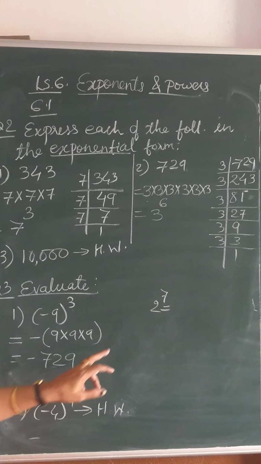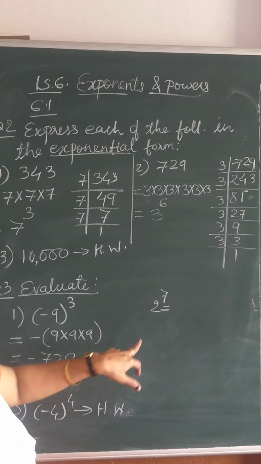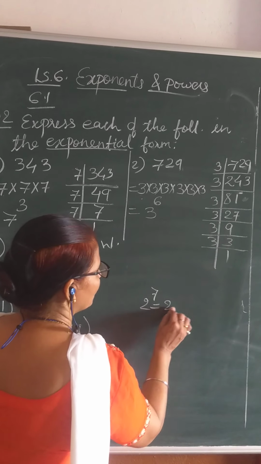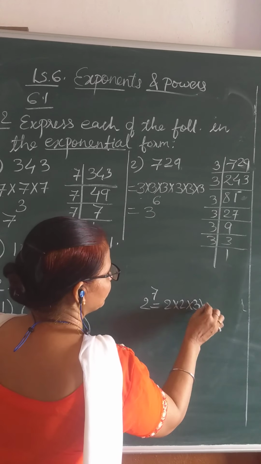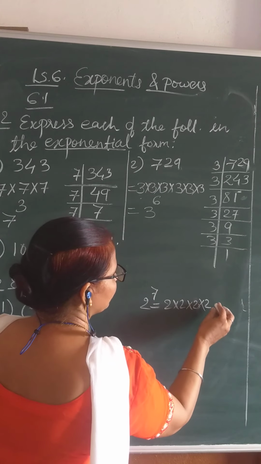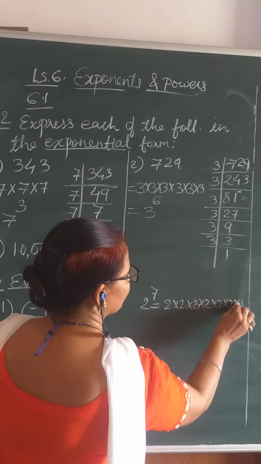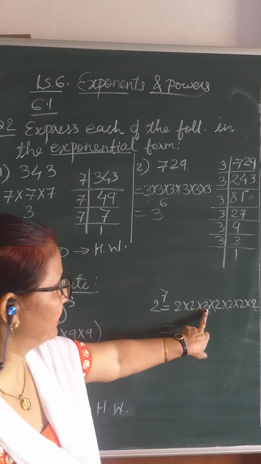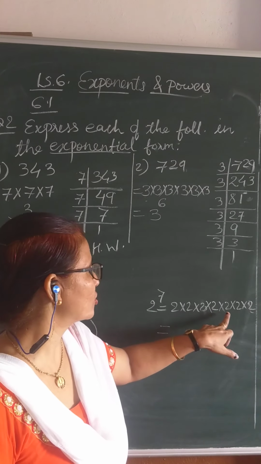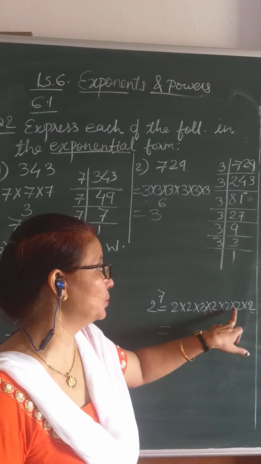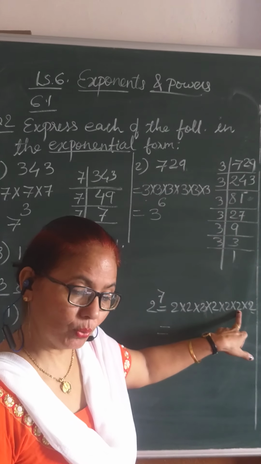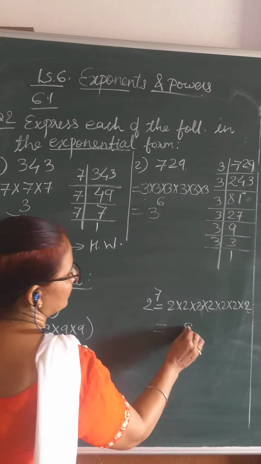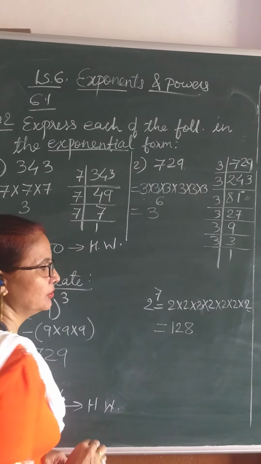Okay. Now 2 to the power 7. It means 2, how many times will you write? 7 times. And now you multiply: 2 twos are 4, 4 twos are 8, 8 twos are 16, 16 twos are 32, 32 twos are 64, and 64 twos are 128.